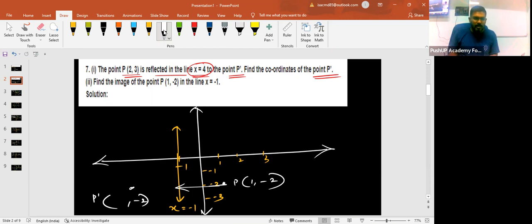From point 1 to this point, how much distance it covered? 2 units. The same amount of distance it will cover to the left hand side also? Yes. So where it will go? -2 and -3. Where is it reaching? -3 on the x-axis. So the coordinates of P dash will be what? (-3, -2). Easy.